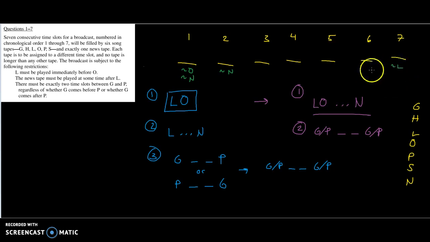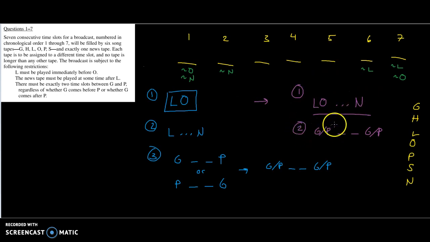I also cannot put L over here because there are not 2 spaces minimum to go after it. Also, I could not put O over here because I don't have space to have an N after it, and I think that's as far as I can really go with this first rule. There's not a whole lot that I can do.